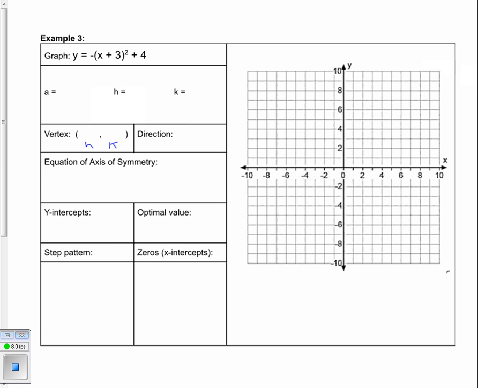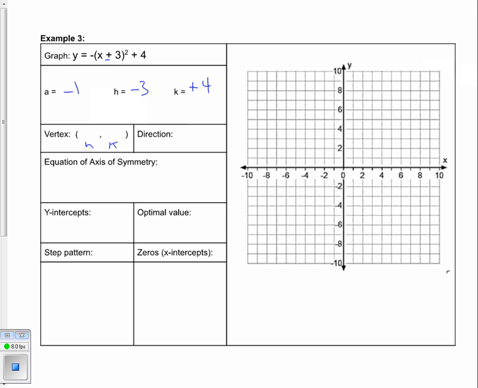So the first thing we have to do, obviously, is identify what the a, h, k values are. Based on the parabola equation that we have here, we know that the a value is -1. The h value is actually -3, it's the opposite of this positive sign here, and the k value is +4.